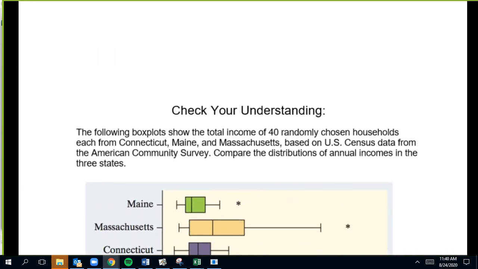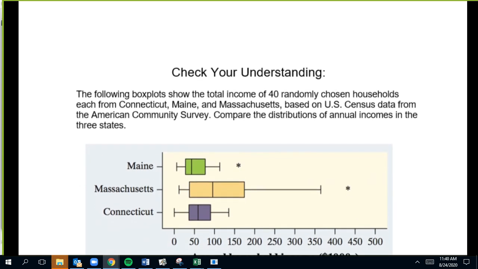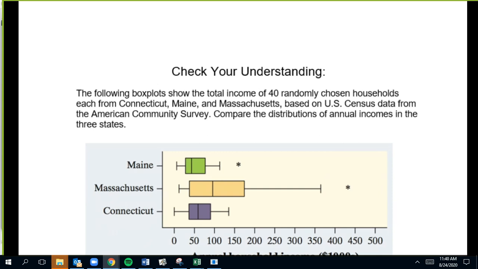All right, here is what I wrote for the check your understanding. I am going to actually use my red pen to kind of read through this and explain some parts, just to make sure that you guys have everything you need. Anything that you didn't have that I have needs to be corrected on your paper. This is a huge concept in AP statistics, comparing distributions. And so remember, you need to use compare words, like higher or lower.